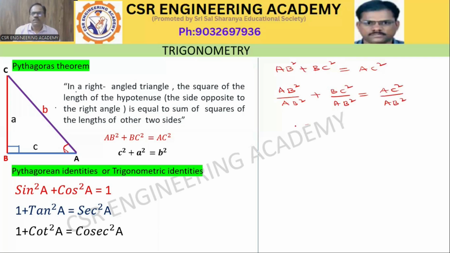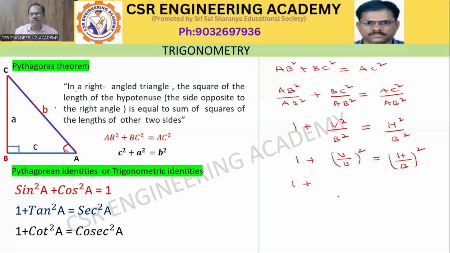AB square by AB square cancels, that is 1, plus BC, the vertical side, that is V square, by AB, the base, B square, is equal to AC, the hypotenuse, that is H whole square, by AB, the base, B square. 1 plus V by B whole square is equal to H by B whole square.